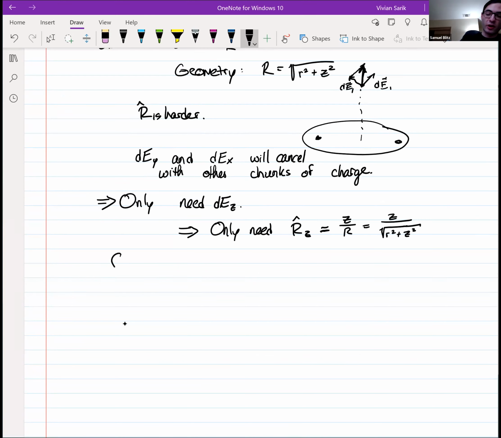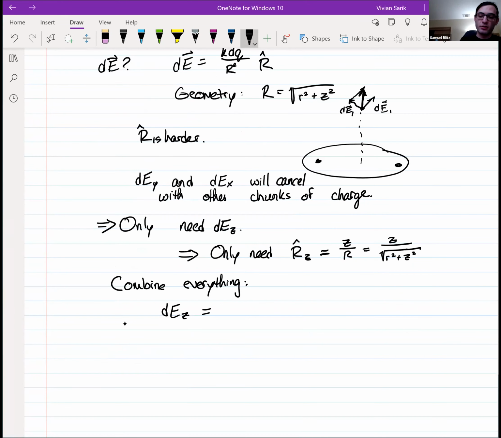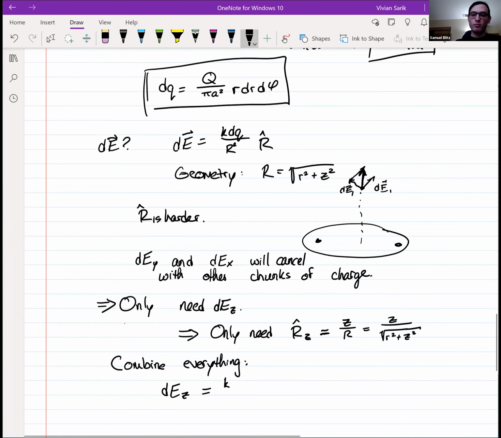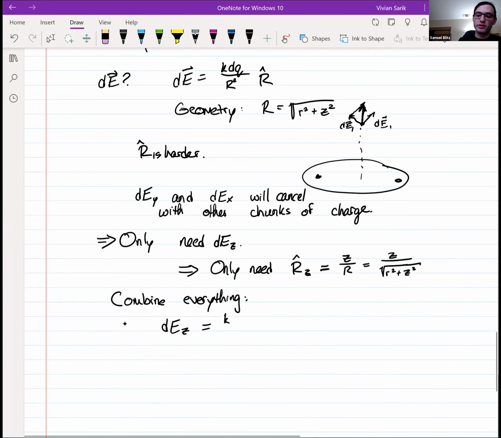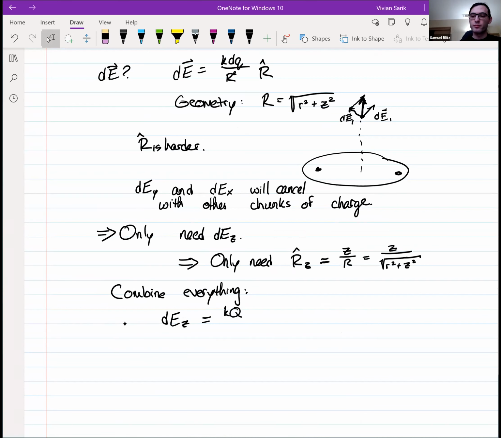So now we can combine everything. dE in the z direction, I think there's a typo in my notes, it says the x direction, is, well, first there's a k, there's always a k. So this is dq. We can pull out that q, so we can pull out a q over pi a squared. So I'm going to put a kq here.